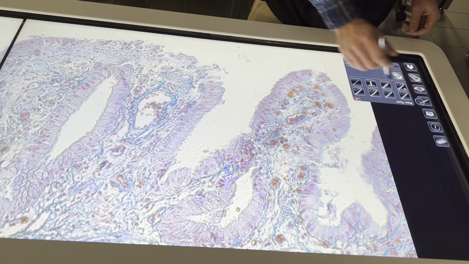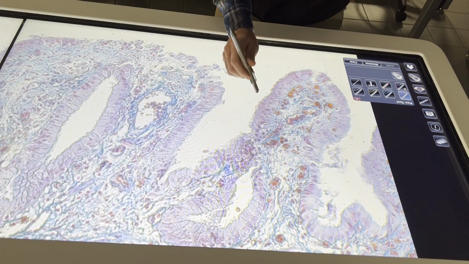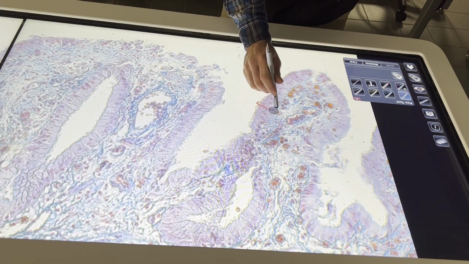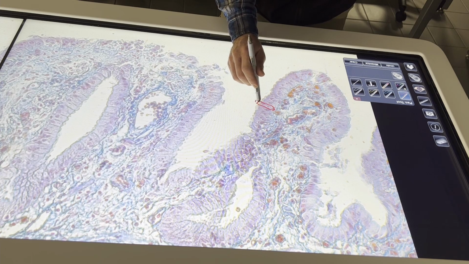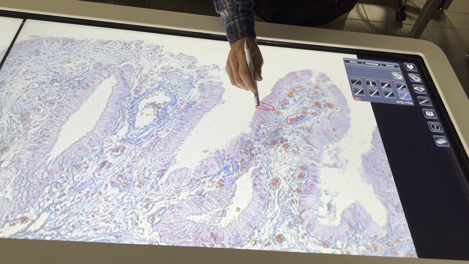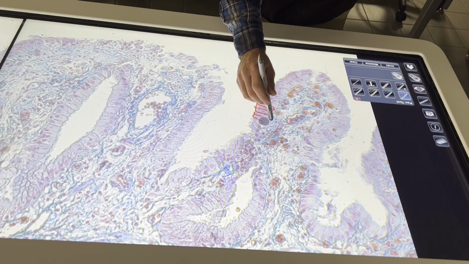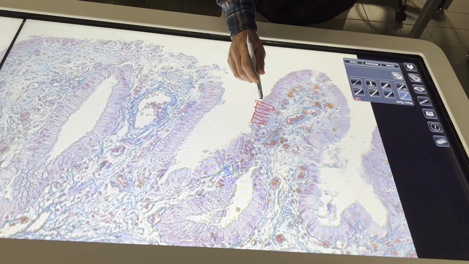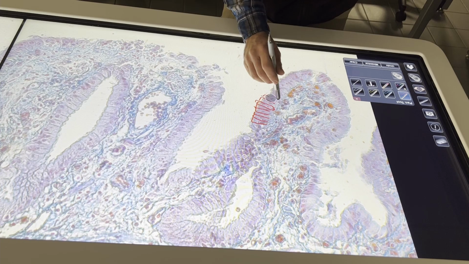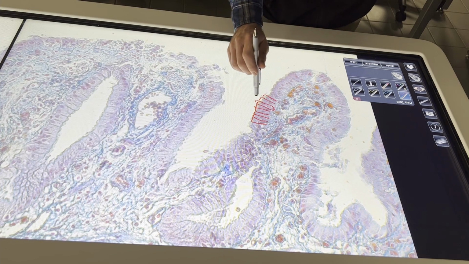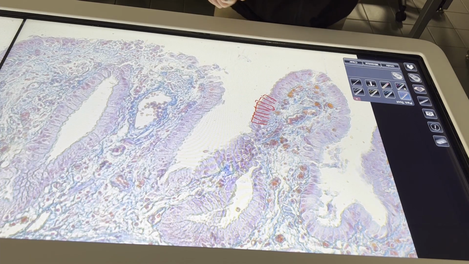If I get a pin here, right here is that cell. Right here is another one. Right here. So it has that distinct columnar look to it. And each one of these darker areas is a nucleus of that cell.